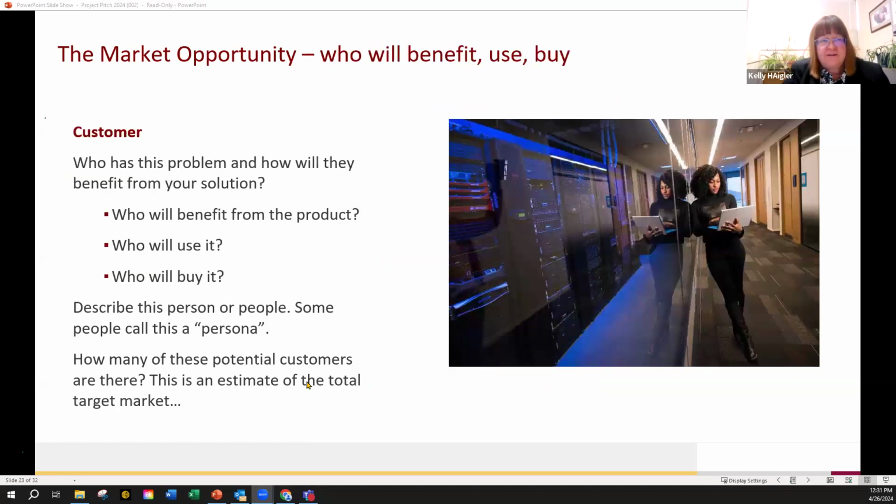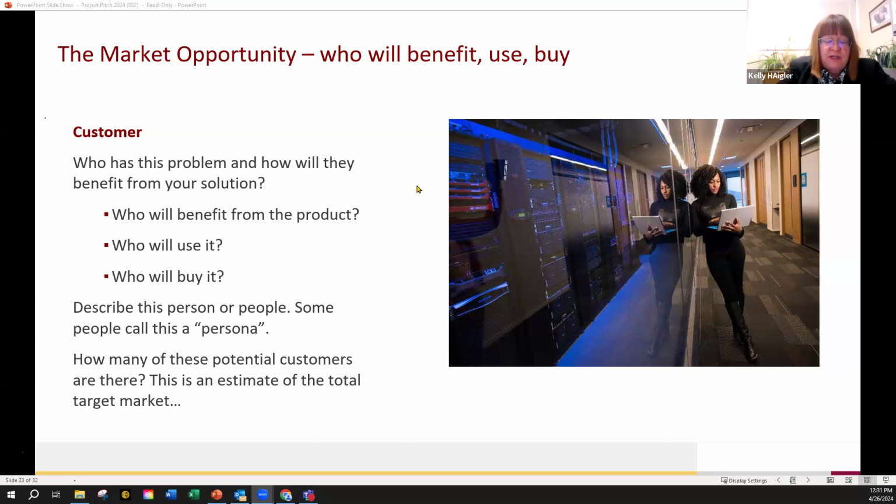Next slide. When we're talking about the customer, you may have heard people talk about the total addressable market, the serviceable addressable market, and the serviceable obtainable market when looking at the broad overall market. It's best to be as specific as possible. You don't want to say everyone with a cell phone can use my product. You want to get as narrowed and focused as you can.